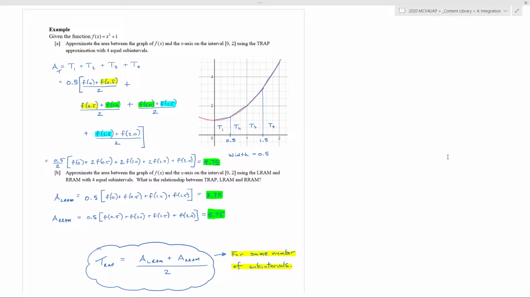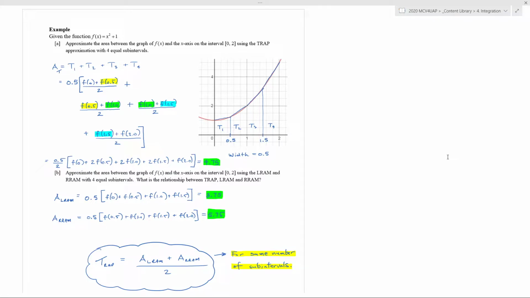Then I move to the next trapezoid. The heights there would be f at 0.5 plus f at 1.0. Divide that by 2 to get the average. Then move to the third trapezoid. The averaging of the 2 heights would be f at 1.0 plus f at 1.5.